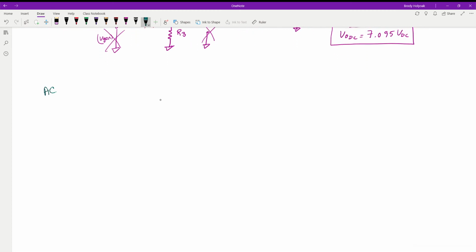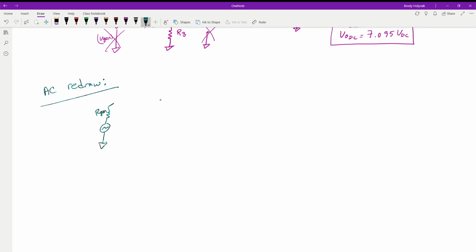Now we have our AC redraw. We want to look at what our generator is seeing. Remember, our voltage supply is going to be shorted to ground this time because we're looking at the AC generator. So the first thing we have is our generator. What does it see?